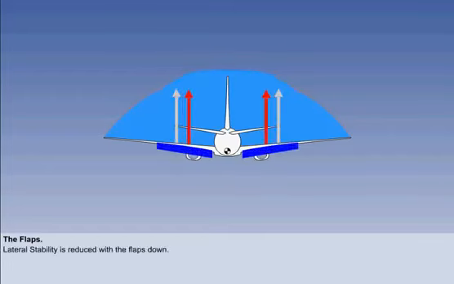When the flaps are down, the inboard portion of the wing generates a larger percentage of the lift, and each component of lift will be located further inboard. With the flaps down, any change in lift in a side slip will act through a shorter arm and generate a smaller rolling moment. Hence, with flaps down, lateral stability is reduced.